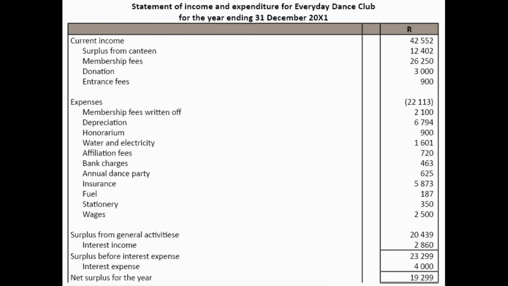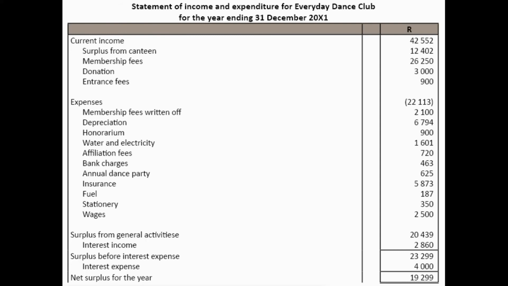Okay, and then we get to the expenses. Membership fees written off 2,100. Depreciation that we've calculated 6,794. Honorarium, there was also an adjustment regarding the honorarium, so that total is now 900. Water and electricity, there was also an adjustment, so the total there is 1601.